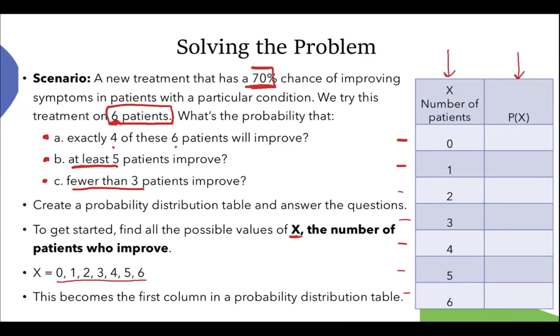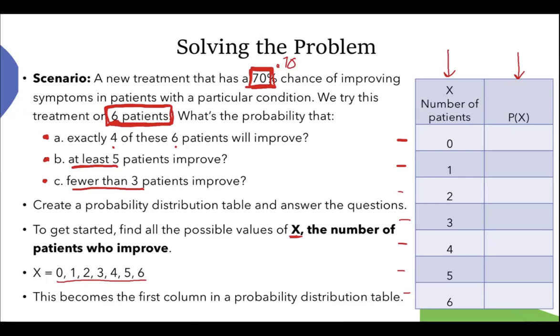That's considered the probability of success, and we're going to express that as a decimal, 0.7 or 0.70, when we go to our calculator. The other thing we're going to be using in our formula is the number of total trials. This is 6. We have 6 patients.